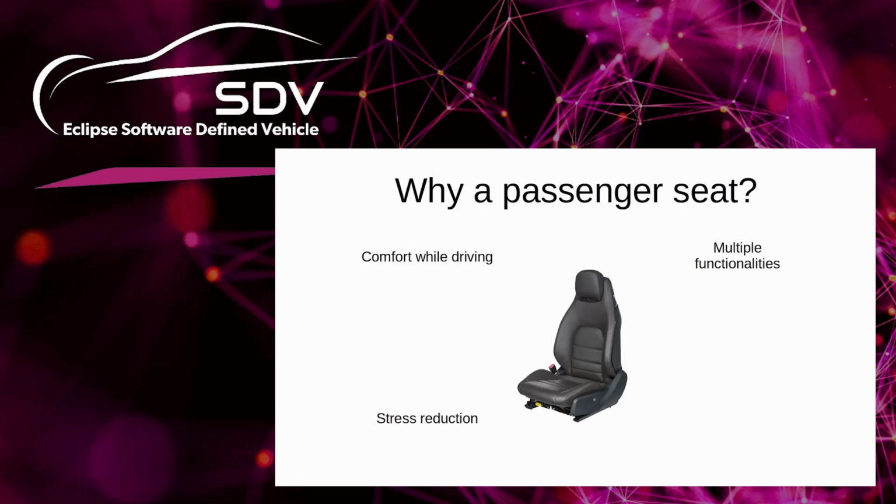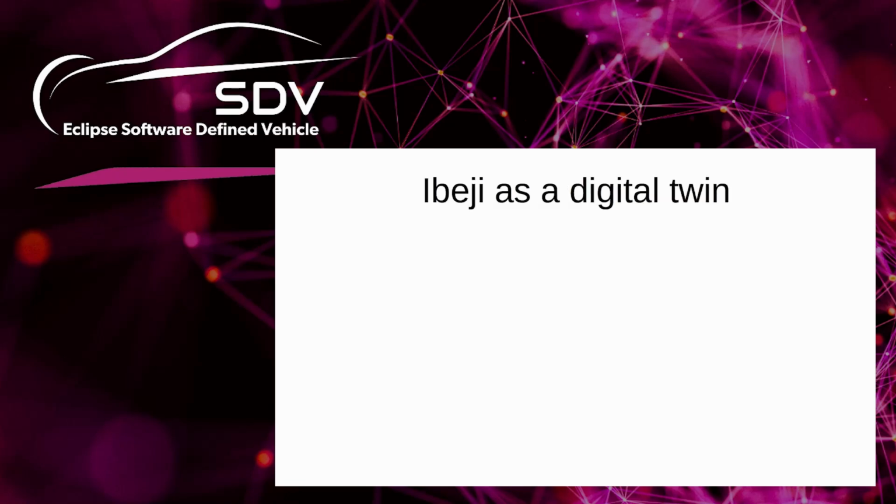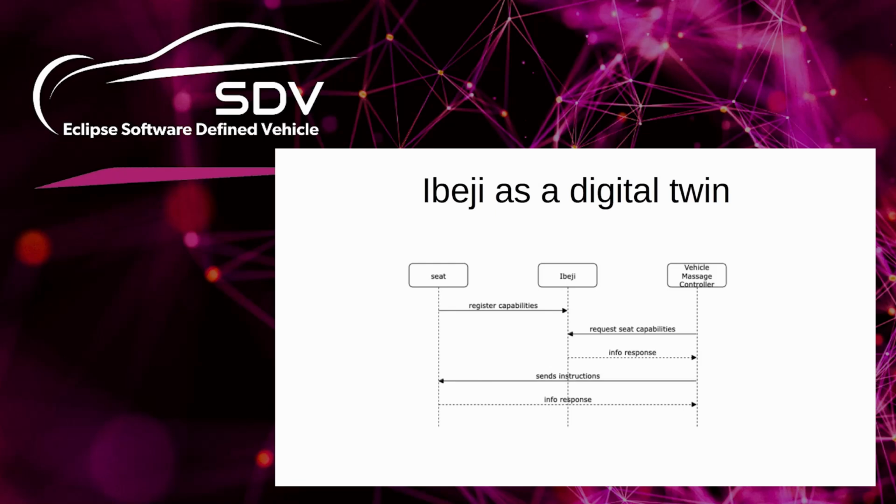The functionality is not limited, so we can extend it. Now let me give you a short overview of how Ibeji acts as a digital twin. The seat itself registers its capabilities at Ibeji, and any massage controller or seat controller can request the capabilities and get a response. This response can then be used to further interact with the seat itself.